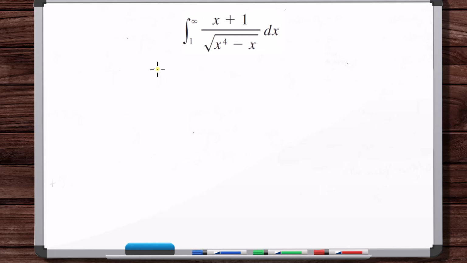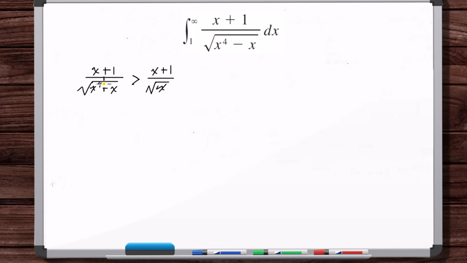All right, here we're going to say, let's drop the x here. If we drop the x, then going from 1 to infinity, this is always greater because you'll always have a smaller denominator.